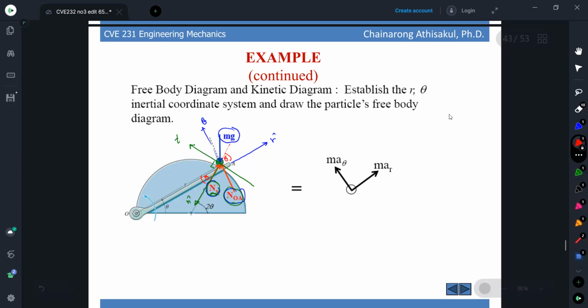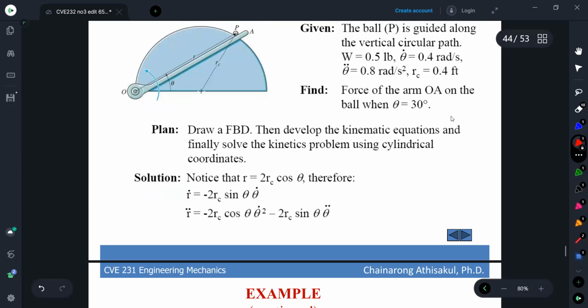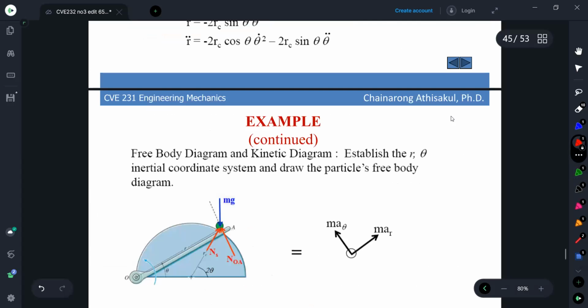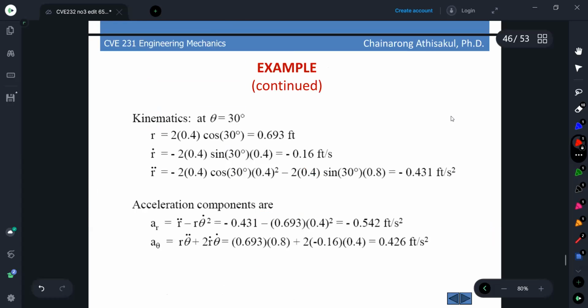According to this, we can derive the equation of motion. We can derive the equation of motion at theta equal to 30 degrees.